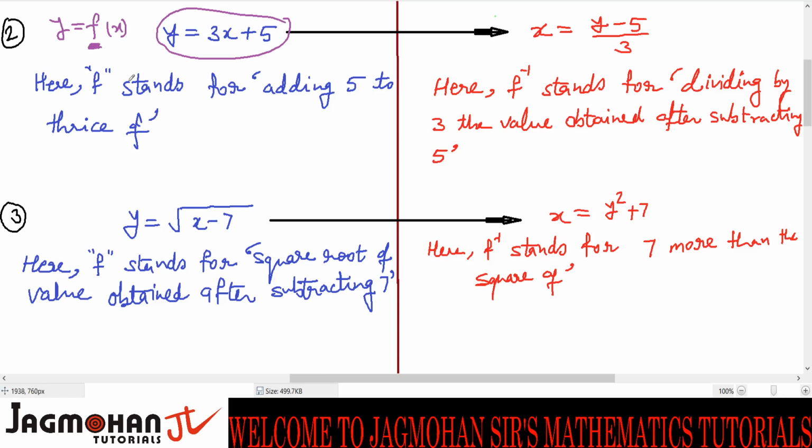The underlying mathematical rule is adding 5 to thrice the independent variable, x. Whatever x you decide, first you get thrice of that and then you add 5 to it. Every time such a rule is applied on the value of x, and it gets you the y value.